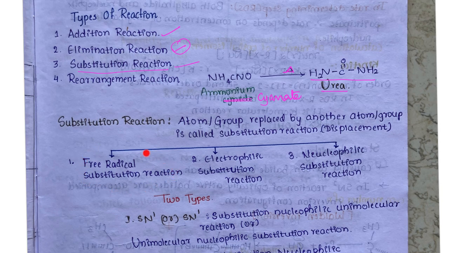Free radical substitution you studied a little in the alkane chapter, halogenation of methane or alkane. Electrophilic substitution you studied in the benzene chapter: Friedel-Crafts alkylation, acylation, nitration, all are electrophilic substitution reactions. Now our focus is nucleophilic substitution reaction.